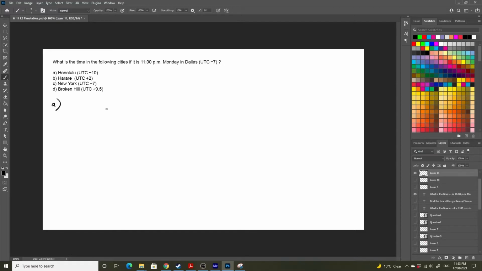So it's 3 hours before in Honolulu. So if it's 11 p.m. Monday in Dallas, it's going to be 3 hours earlier in Honolulu. So 11 p.m. minus 3 is just going to be 8 p.m. Monday for Honolulu.